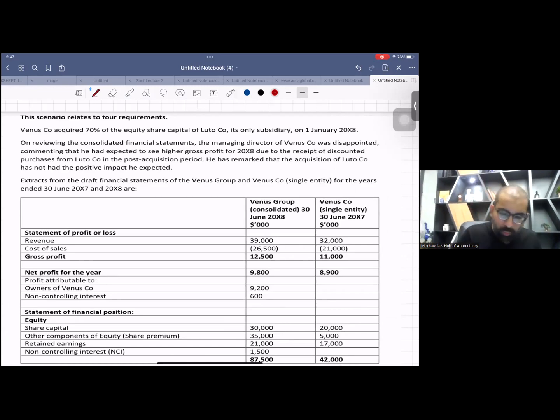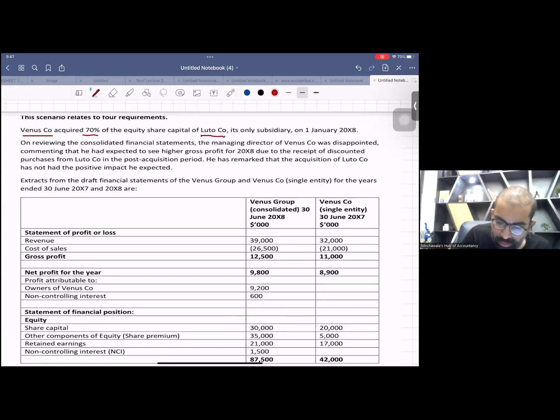Let's start. This ratio analysis is linked with consolidation. Venus company, Venus is the parent company, acquired 70% of the equity share capital of Luto company, which means 30% is NCI.